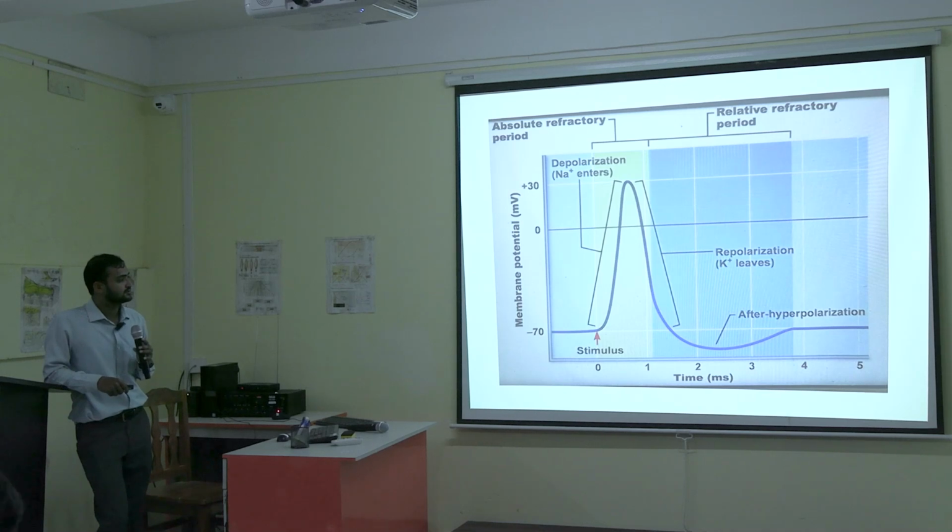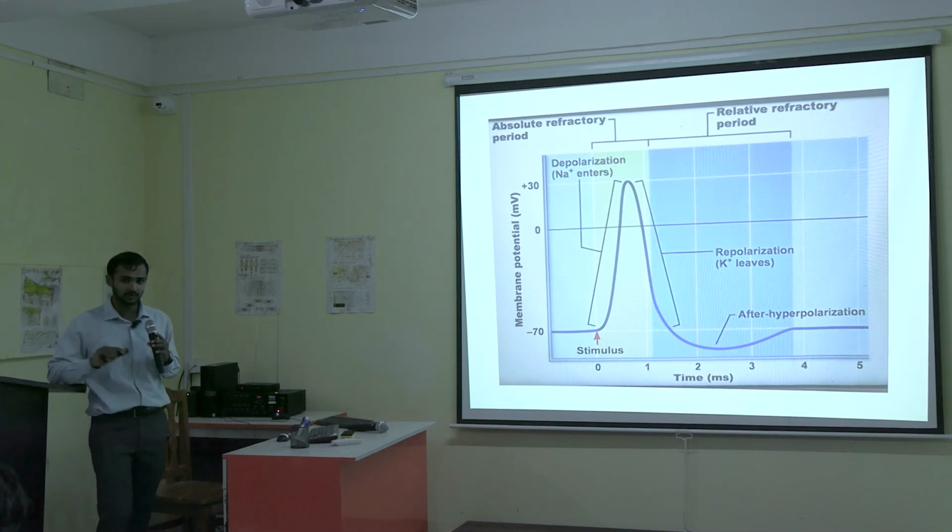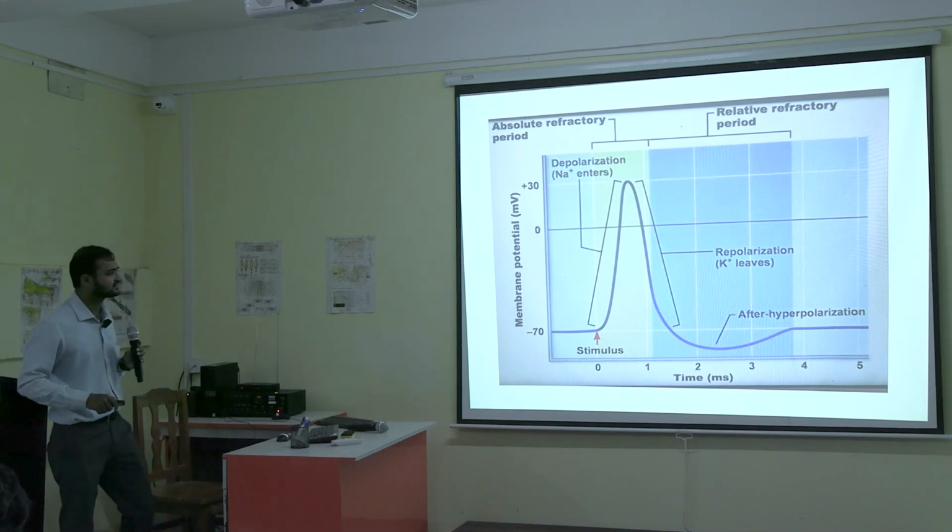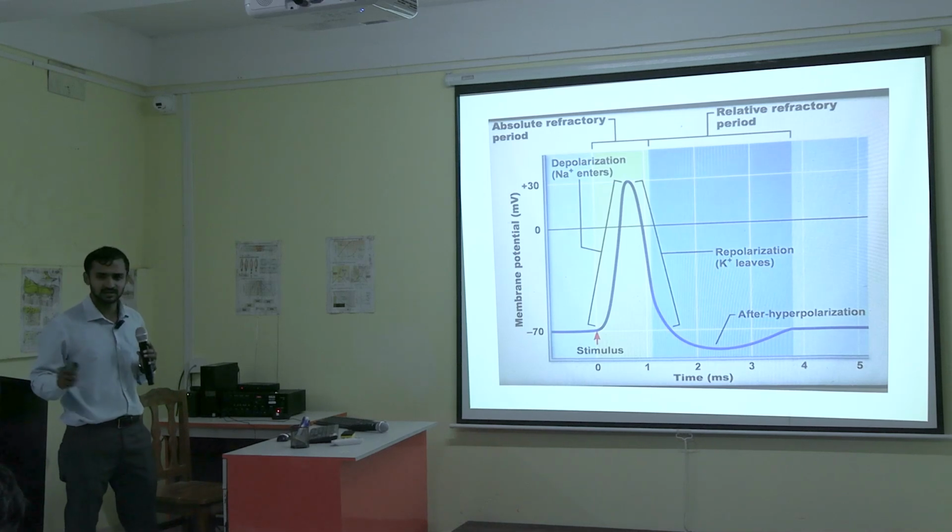So if it is 4 milliseconds, 4 multiplied by 10 is 40, so it will take approximately 40 milliseconds. So this hyperpolarization phase lasts till it gets again its membrane potential equilibrium. Now again the sodium potassium ATPase pumps will get activated and this will get restored.